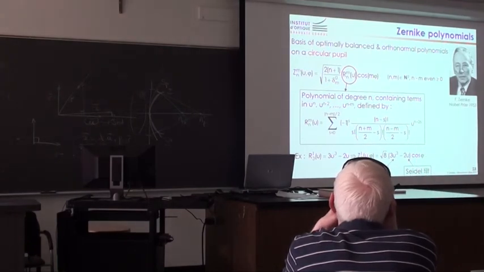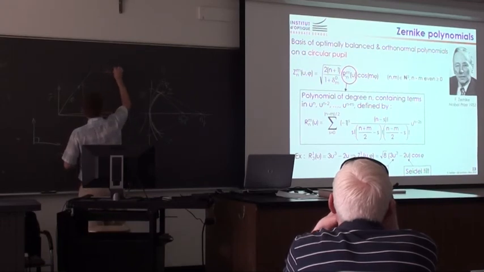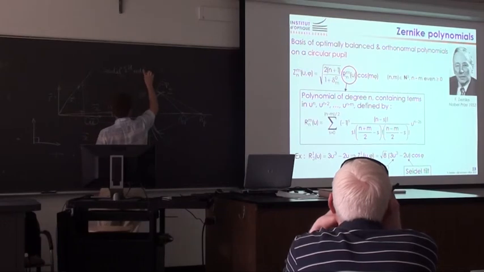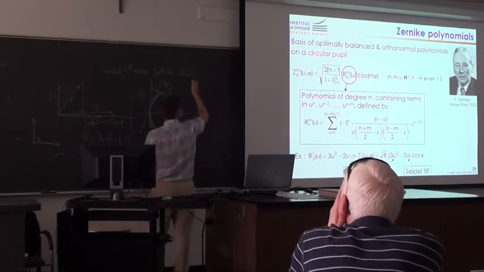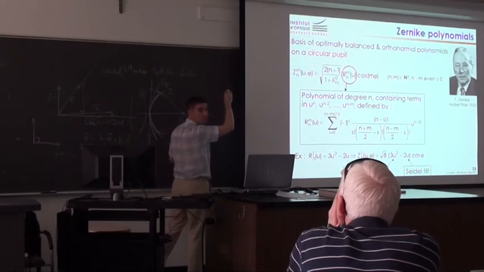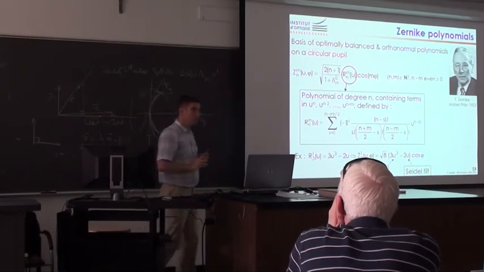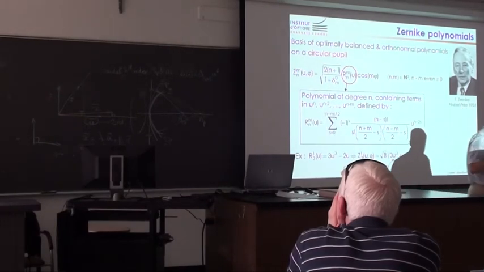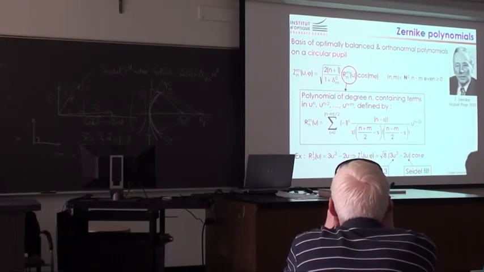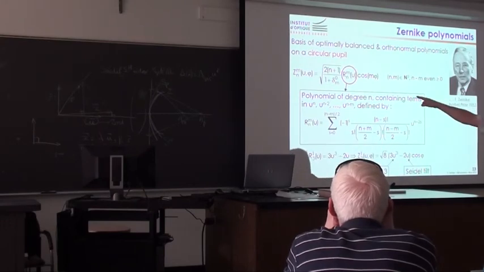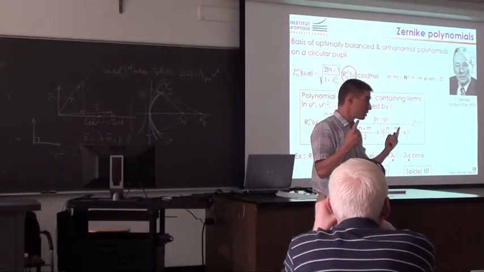So what is that? What kind of polynomial is that? The Seidel fifth order spherical aberration is delta of U equals... Well, Zernike says, how much of the third order spherical aberration should I add to this fifth order Seidel spherical aberration so that my modified polynomial would be orthogonal to the third order spherical aberration?